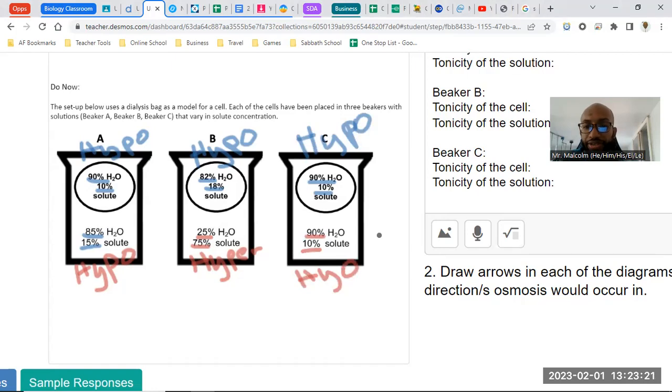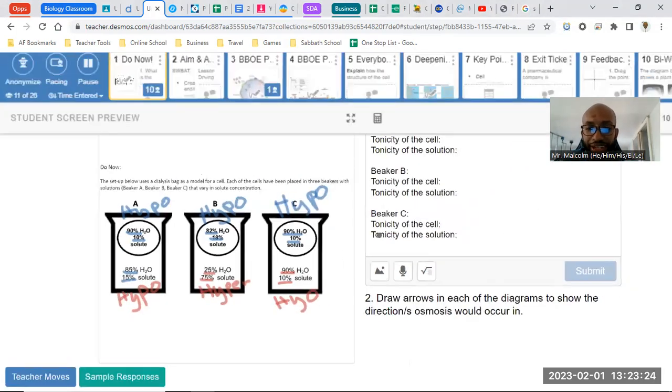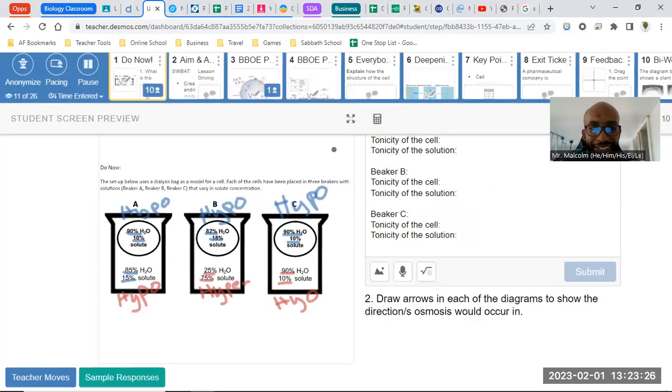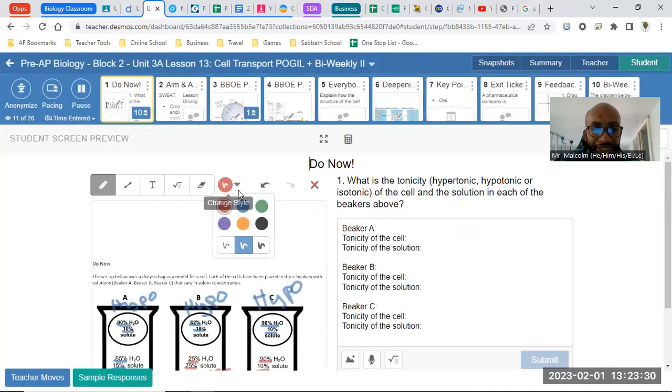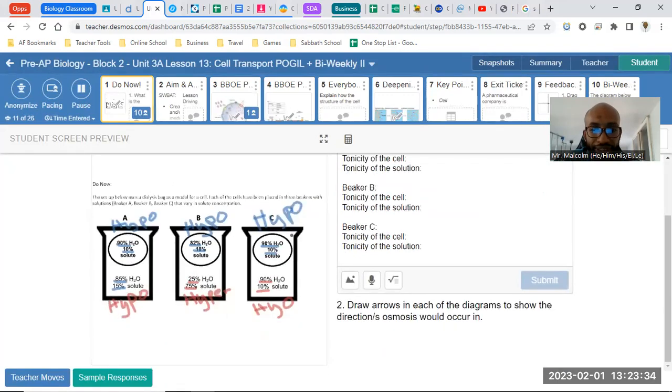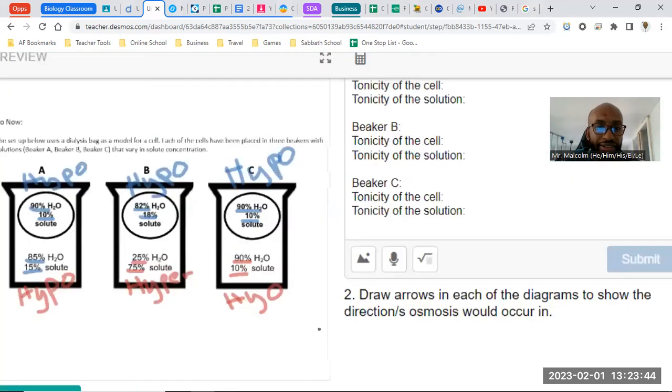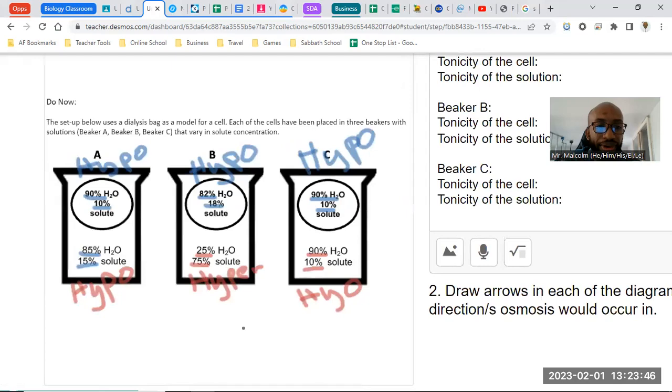All right, but now moving to part 2 that everybody really wanted to get into here. Let me get my arrows in a different color. For part 2, it says to draw arrows in each of the diagrams to show the direction or directions osmosis would occur in, okay? Osmosis is the movement of the water across a semi-permeable membrane.